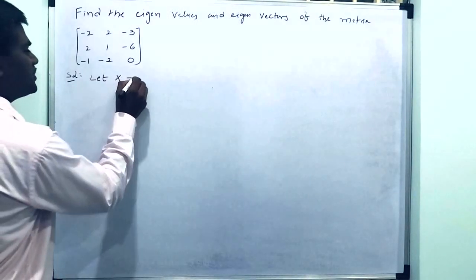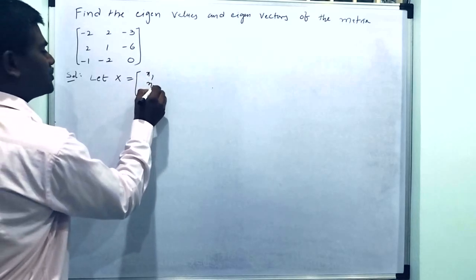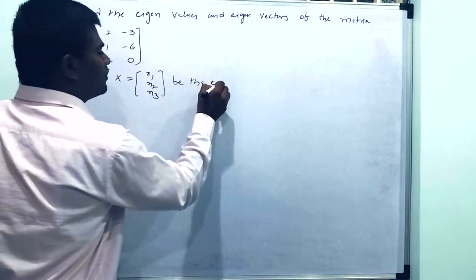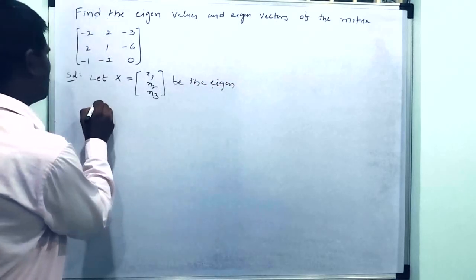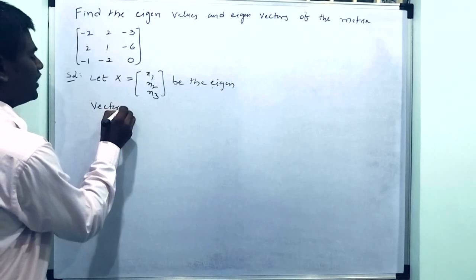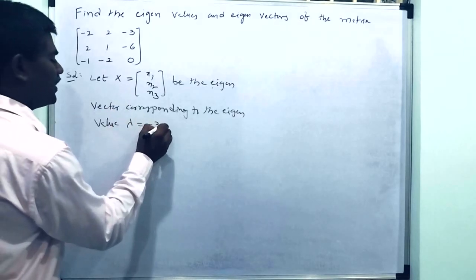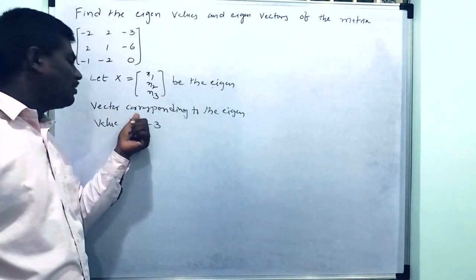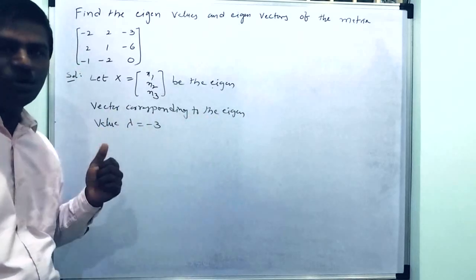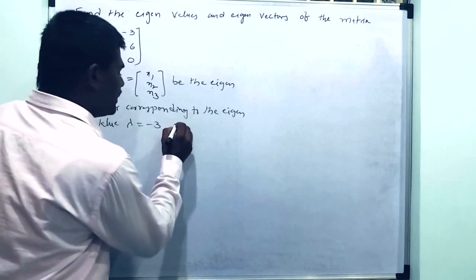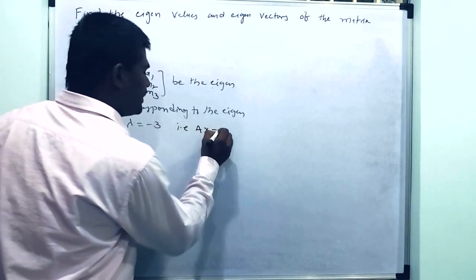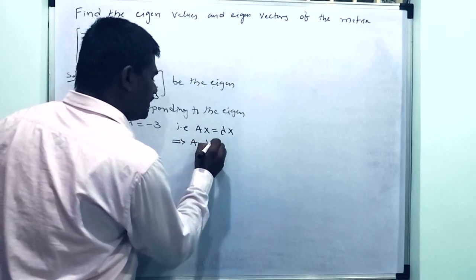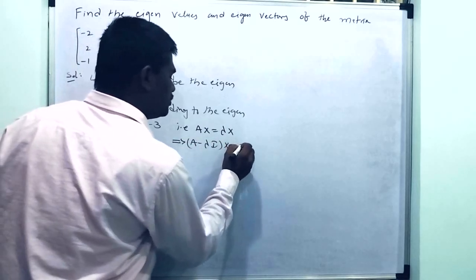Let x is equal to x1, x2, x3 be the eigenvector corresponding to the eigenvalue lambda equal to -3. That is Ax is equal to lambda x, which means A minus lambda I into x is equal to 0.